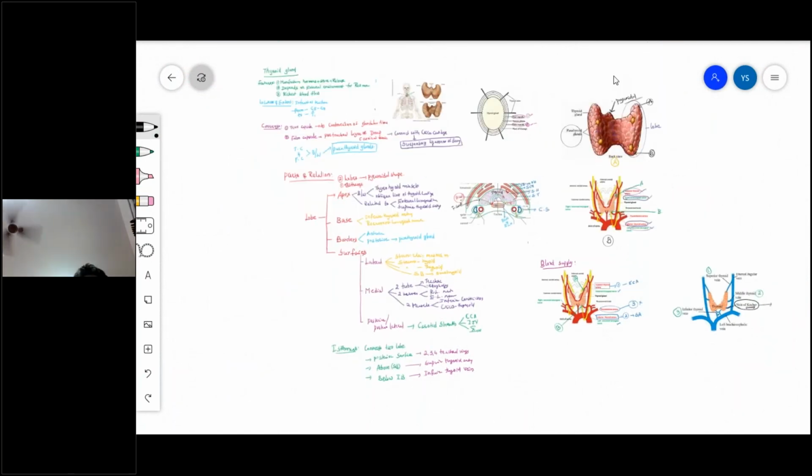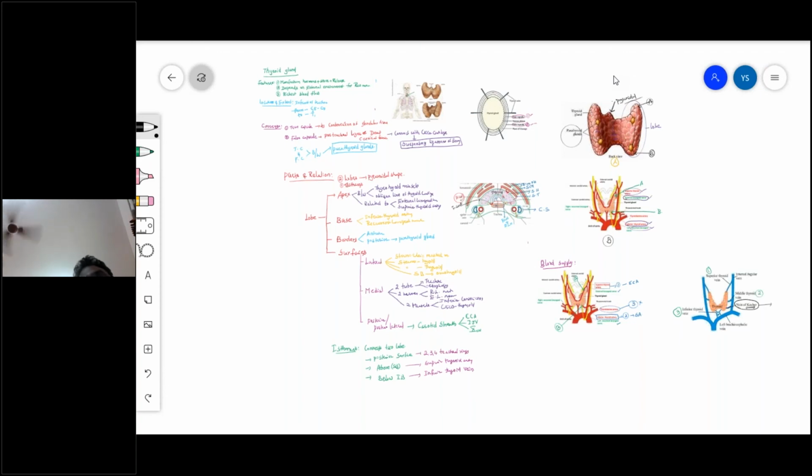And here I want to highlight some points. So I completed special features, location and extent, coverings, parts and relations including the isthmus, and blood supply. In the blood supply, we have seen the arteries, veins, nerve supply, venous drainage.